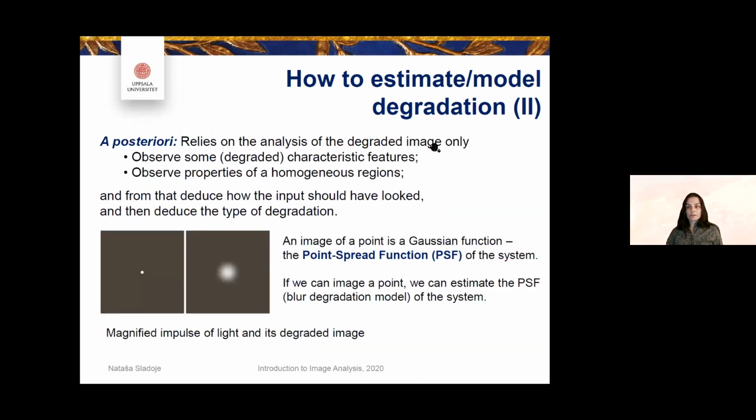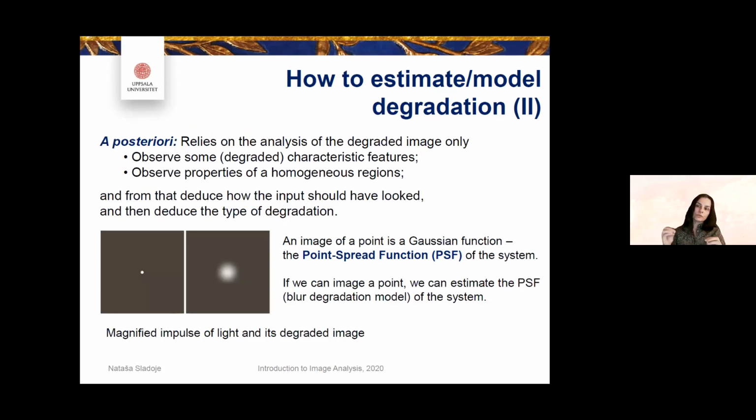Another group of situations is when we do not know enough about, let's say, the ideal situation and the imaged situation. We do not know how the object looks if not affected by motion blur, and what happens if we have blur.